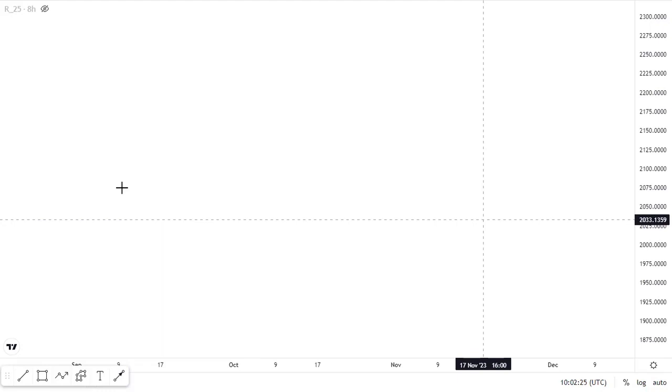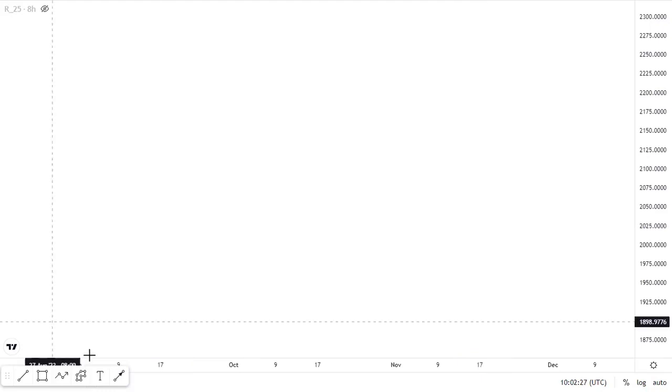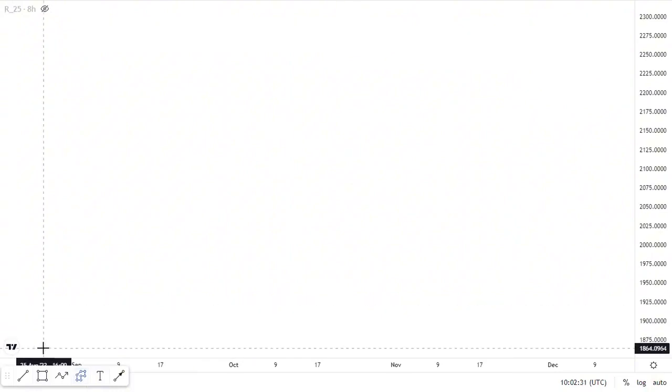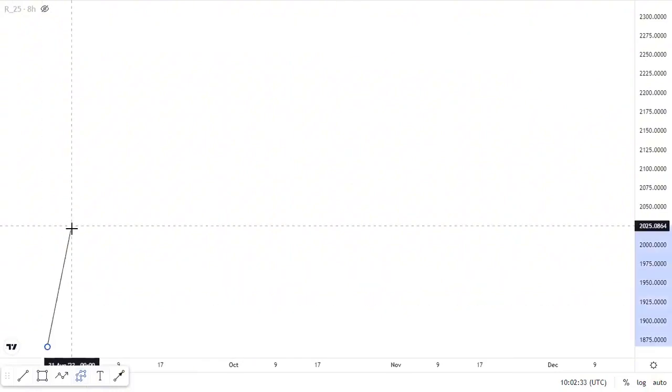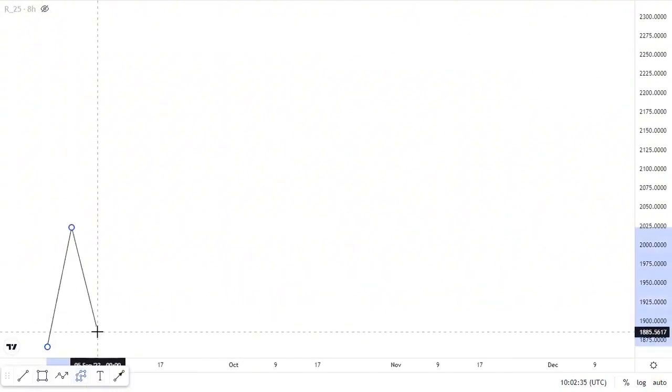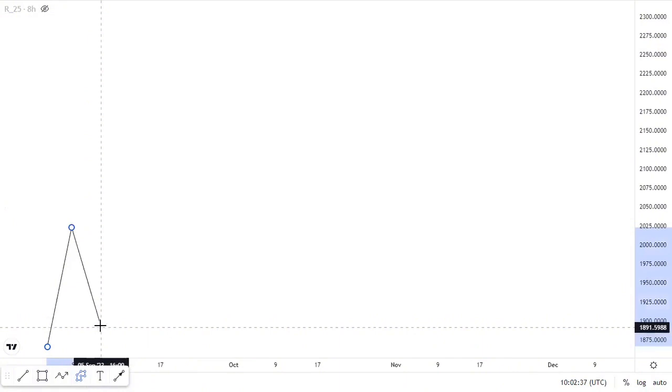So let's say we are in an uptrend. Let's see where our sponsored candle is. If we are in an uptrend, our sponsored candle is the last down candle that took out liquidity. That is our sponsored candle, the last down candle in an uptrend and the last up candle in a downtrend.